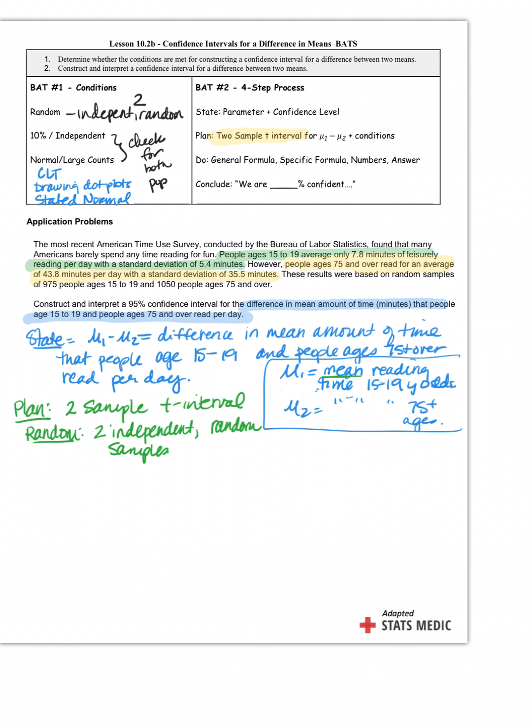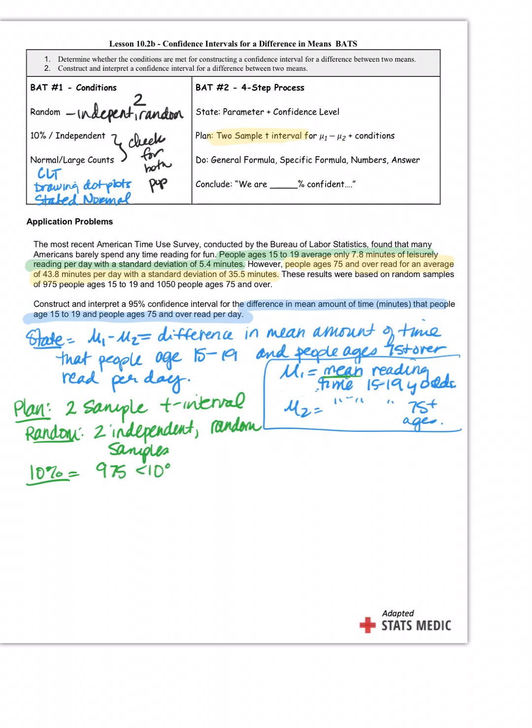Do I need to check the 10% rule on this? Yeah. Think about this. Is this an experiment or an observational study? It's just observational, right? There's no treatments imposed. So it's observational, so I need to do 10%. So let's think about this. There's 975 in that first group.